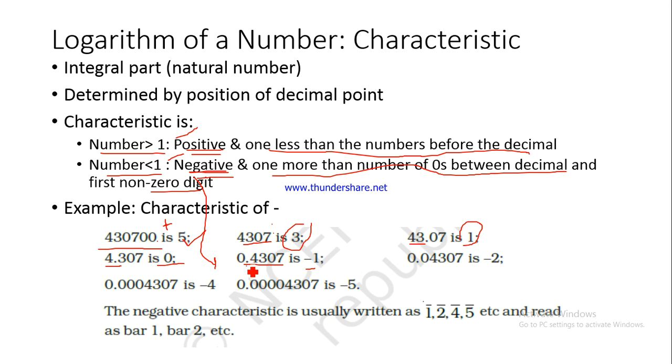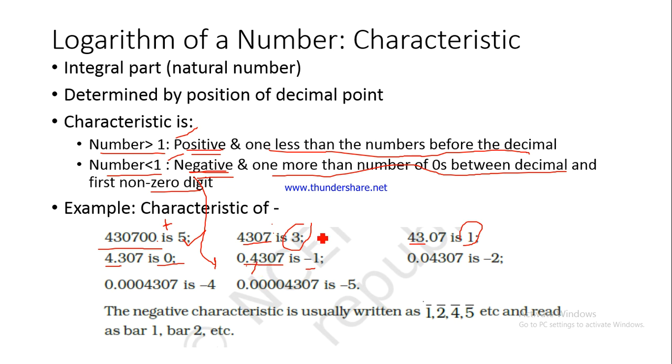This is the decimal, and where is the first non-zero digit? Non-zero means 1, 2, 3, 4, 5, 6, 7, 8 or 9. So the first non-zero digit is this one. And how many digits are there between decimal and the first non-zero digit? There is 0. There is no number between decimal and first non-zero digit.